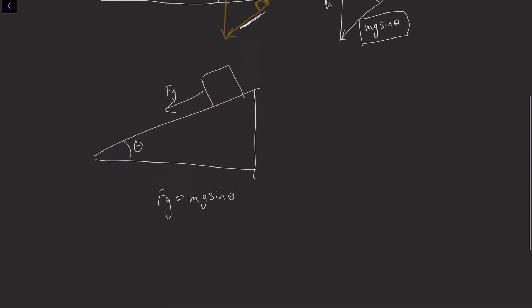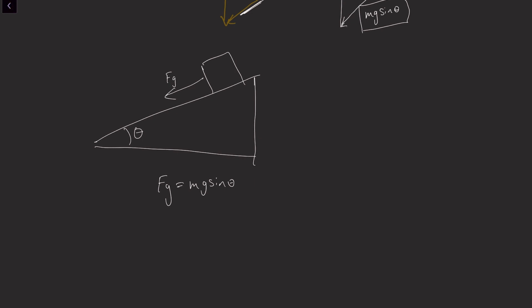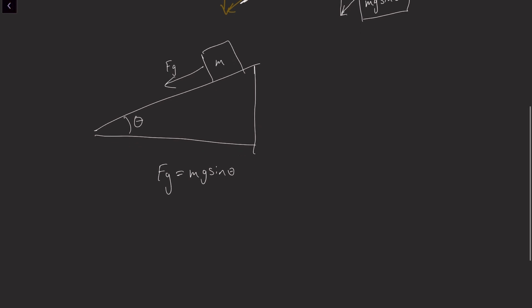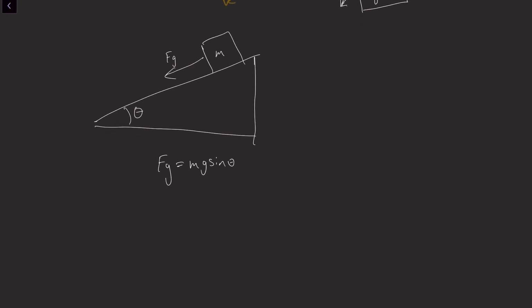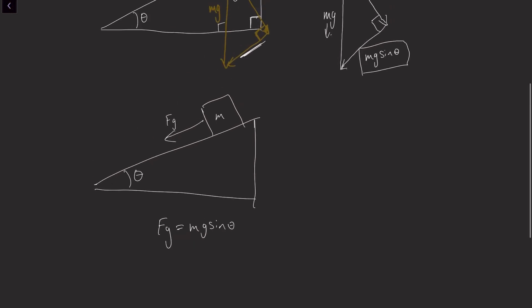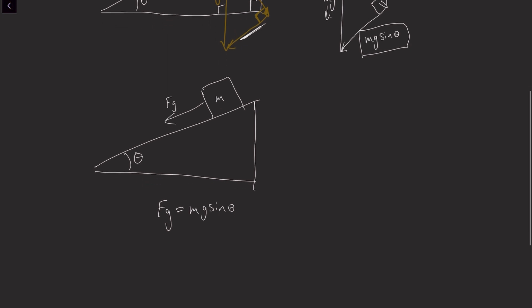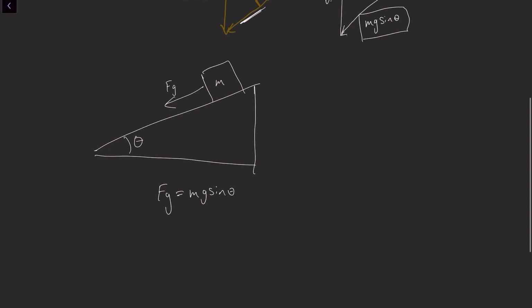And so the force due to gravity, which again is a component of the mass, equals mg sine theta. Now, also, we can say that the net force that this block feels when it's just sitting on the block is simply ma, right?